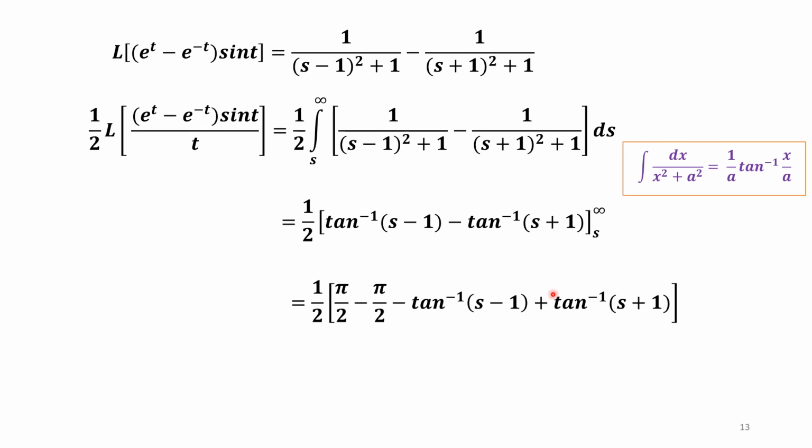Lower limit minus sign will become plus tan inverse of s plus 1. So we can write, this pi by 2 will get cancelled. So half of minus tan inverse of s minus 1 plus tan inverse of s plus 1. Or I can write tan inverse of s plus 1 minus tan inverse of s minus 1. Again we have to make use of tan inverse of a minus tan inverse of b.